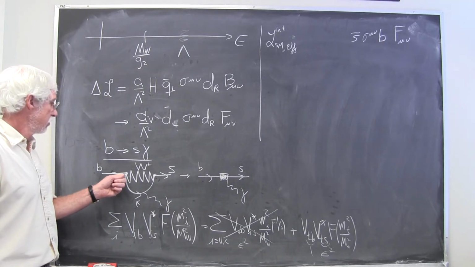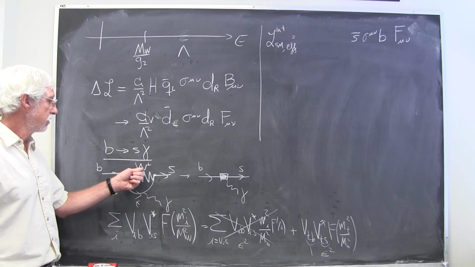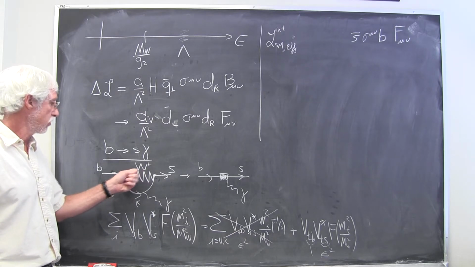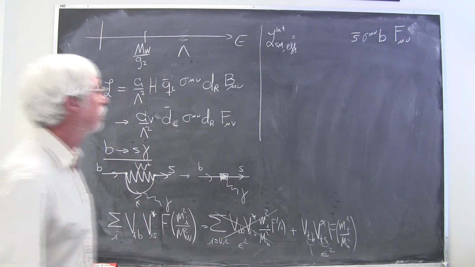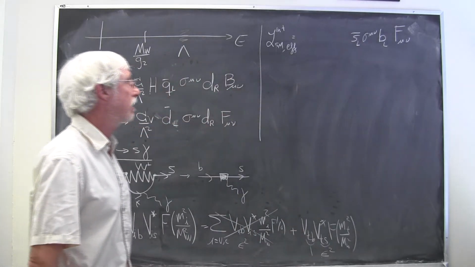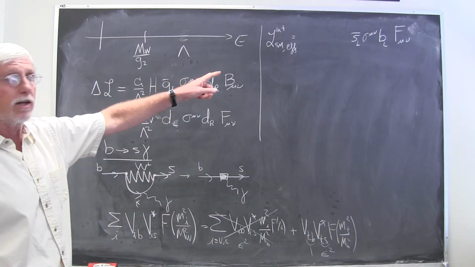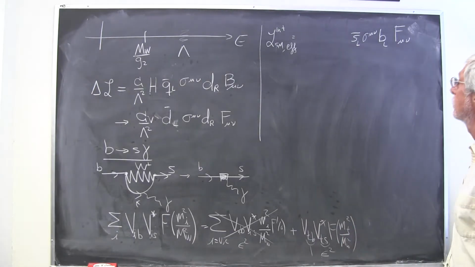Now, both the B quark and the S quark interact in this diagram via the W gauge boson, and those interactions only involve the left-handed field. So this would suggest that I have to put a left-handed quark in that effective interaction, but that term vanishes because the sigma mu nu matrix can only connect left to right-handed fields.